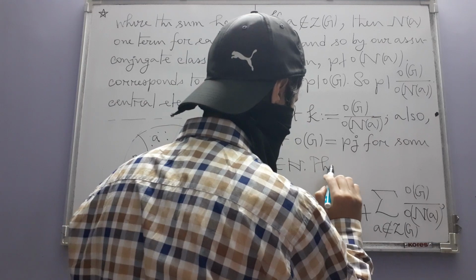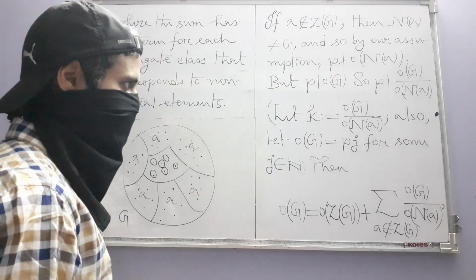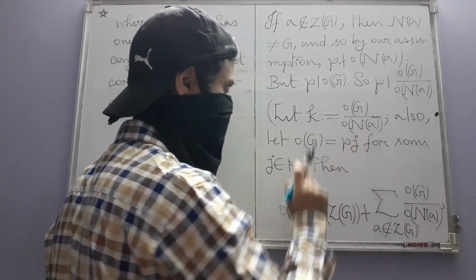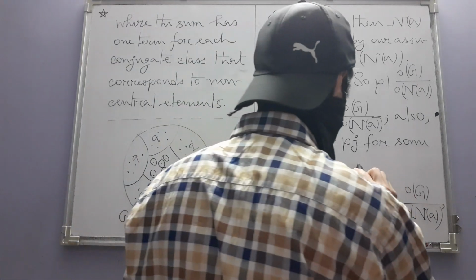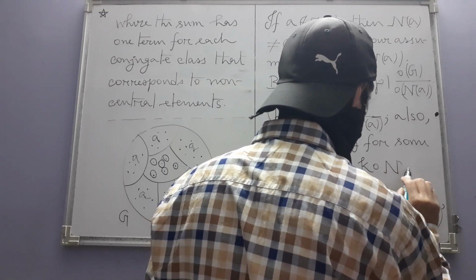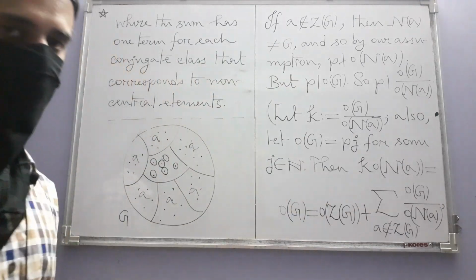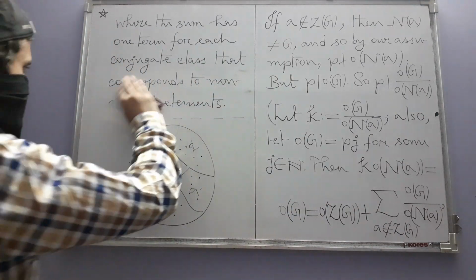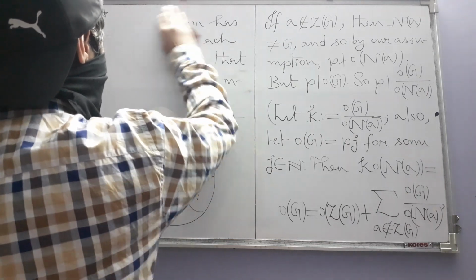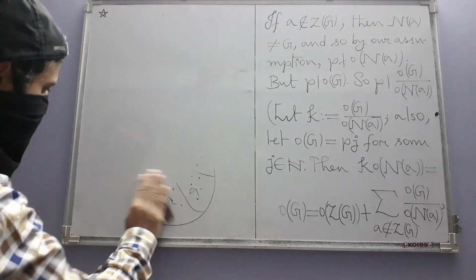Then what is it that we are getting? If we now write order of G in terms of this K and order of N_a, then we are going to get K times order of N_a is equal to, let's keep the class equation, okay, and continue from here, because we have to be able to see the class equation and then we can conclude.